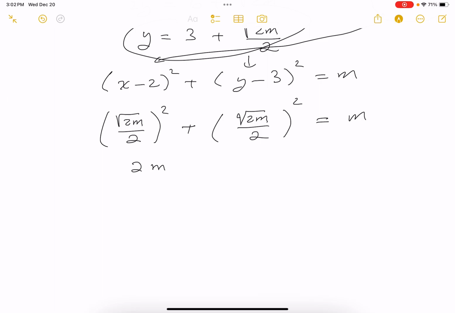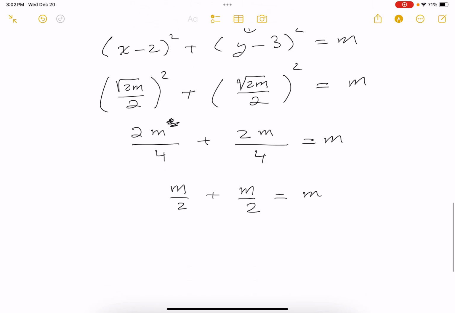You get 2m over 4, sorry about that, which is equal to m over 2. Plus m over 2 equals m. Well, m is equal to m.